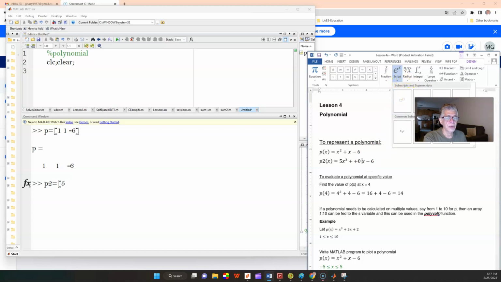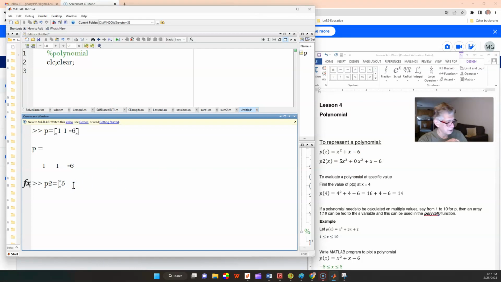So when you are missing something, you can consider a 0 coefficient.